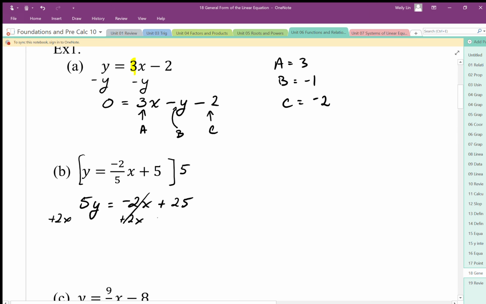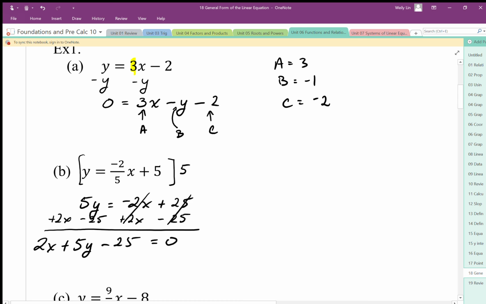We also need to make it equal to 0, so I'm going to subtract 25 from this side as well. It's starting to get messy, so I need to make sure I account for everything. Okay, so there's 0 here, and I end up with 2x plus 5y minus 25 equals 0.